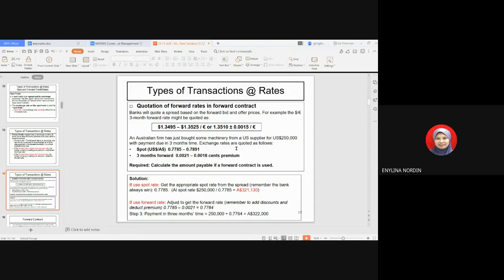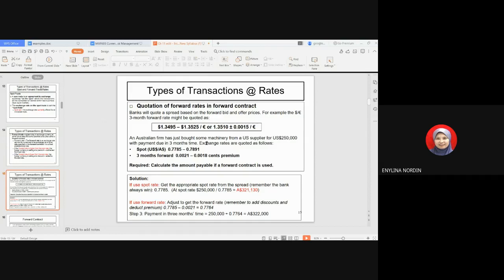Okay, now look at this example. So let's say an Australian firm or company has just bought some machinery from a US supplier, for the cost of 250,000 US dollars, with the payment due in 3 months time.